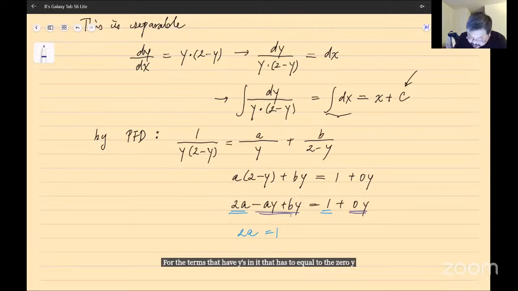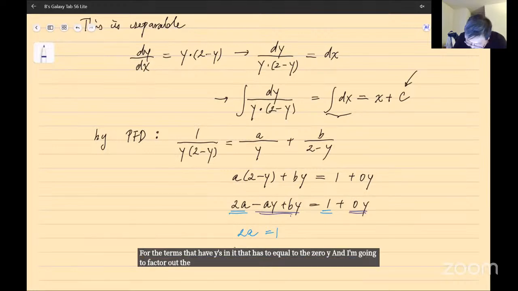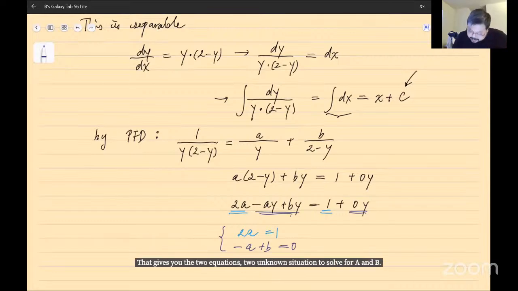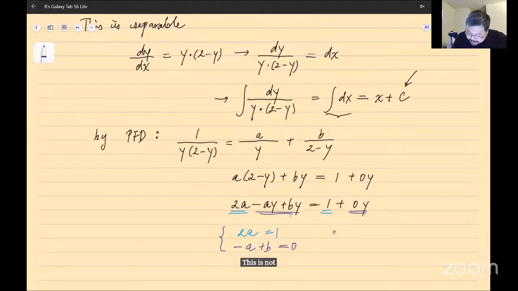And I'm going to factor out the y, so this reads minus a plus b is equal to 0. That gives you the 2 equation, 2 unknown situation to solve for a and b. This is not bad to solve. In this case, a is equal to 1/2. And b, if you look at this, b is just equal to a, so b is also equal to 1/2.